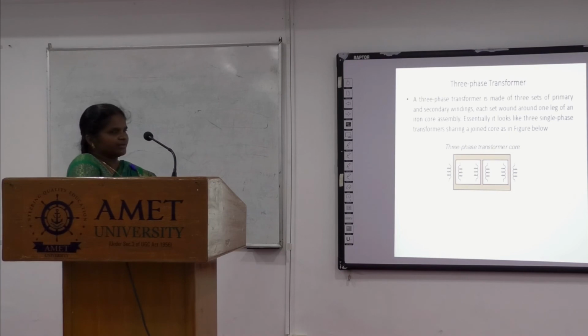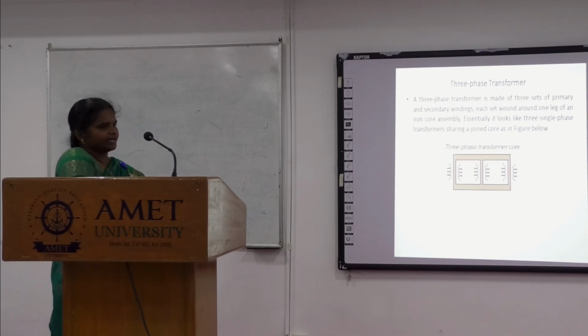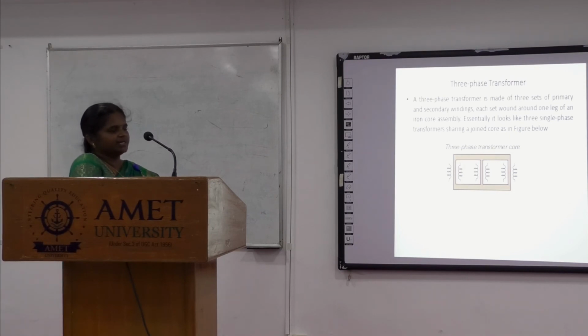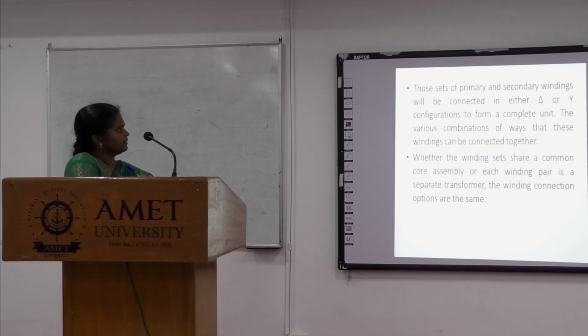All the primary windings can be connected in star or delta format, and secondary windings can be connected in star or delta format. Those sets of primary and secondary windings will be connected in either star or delta configuration to form a complete unit.